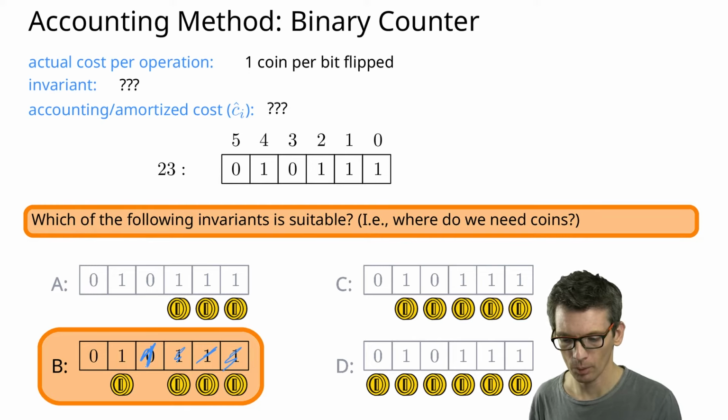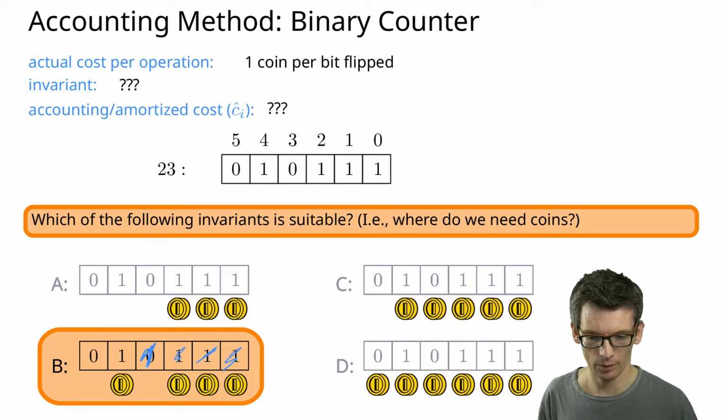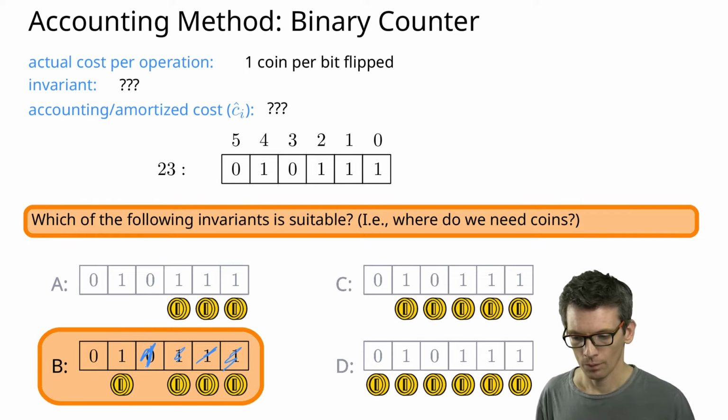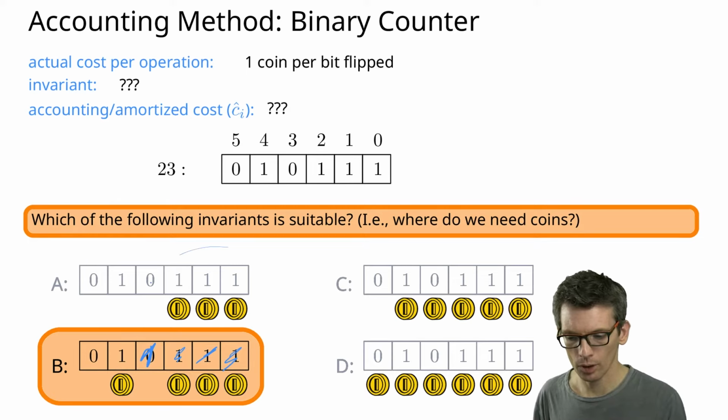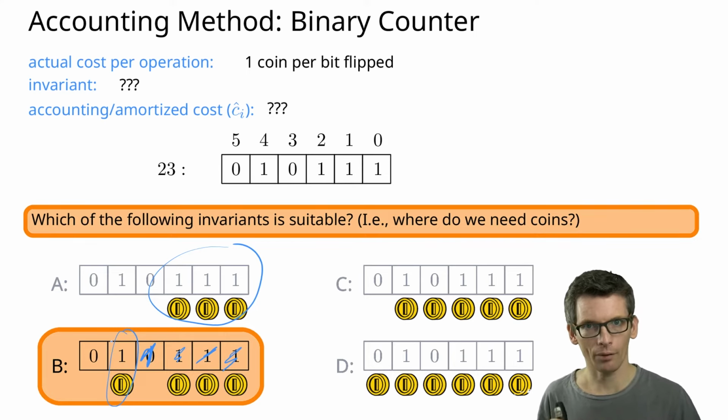This one will become a 1. So for each of these ones, I will need to have a coin that pays for it. Now you could say, oh, this is enough, but of course, sooner or later, I will also need that one, namely at the point where that is flipped. So it's good to have already saved something there.